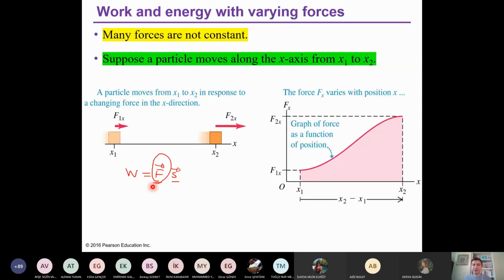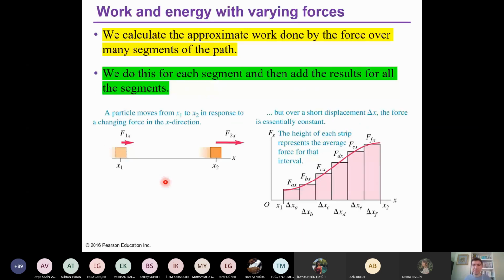In order to calculate the total work done by this varying force, we divide this area into many small segments. This was the force versus position relation, and we divide this area into small segments. And we consider that for very small displacements, we have more or less constant force.